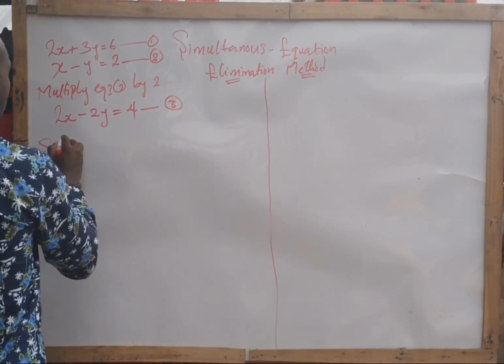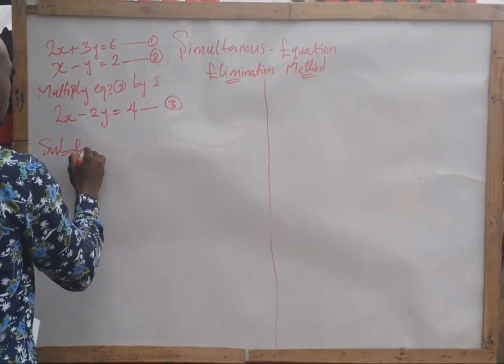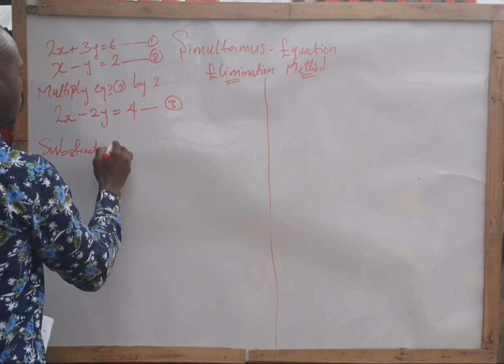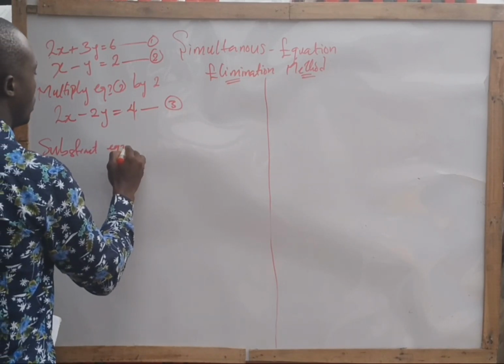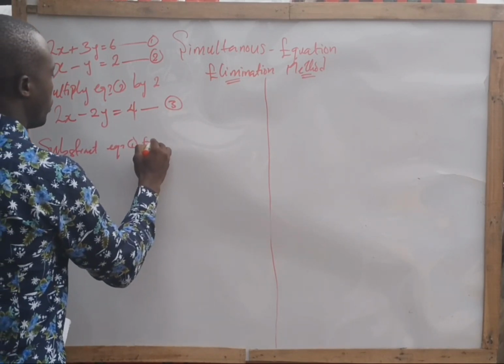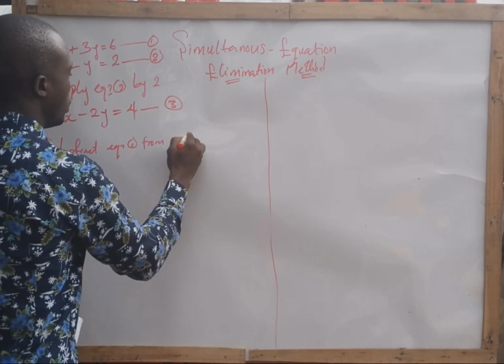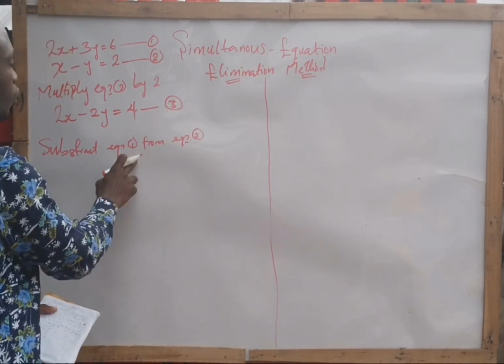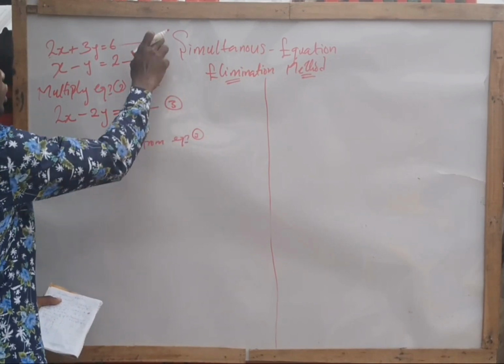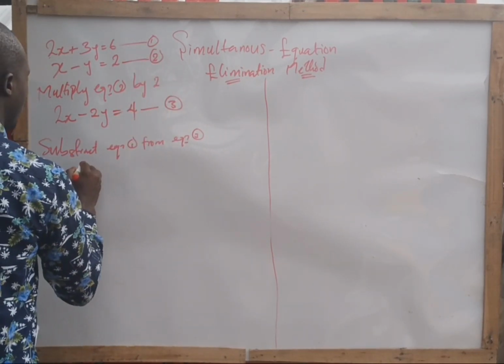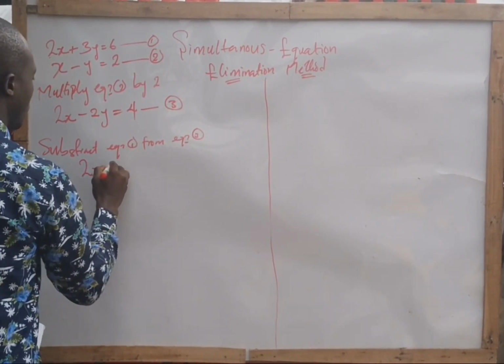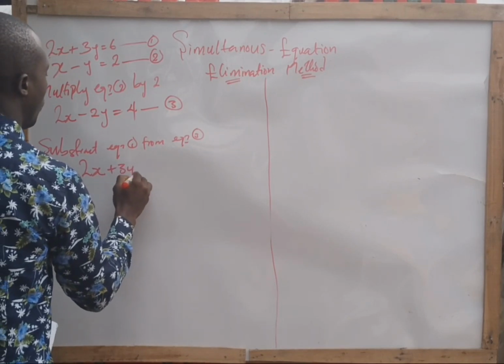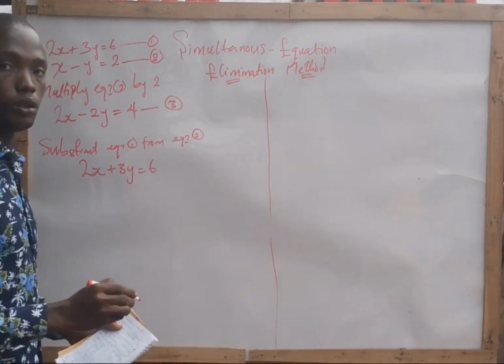We now subtract equation 1 from equation 3. This is our equation 1: 2x plus 3y equals 6.